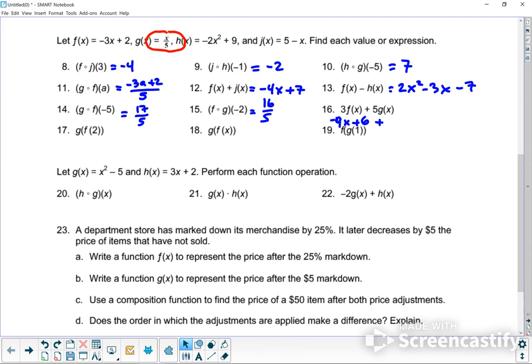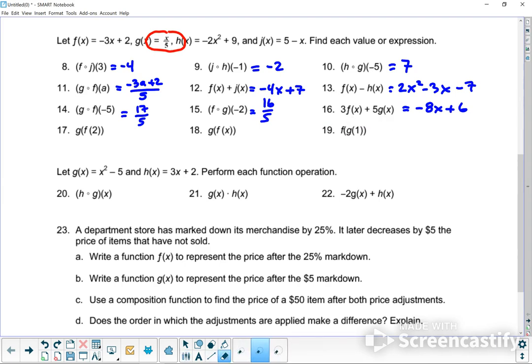So 5 times x over 5, which is really 5x over 5, and if these cancel, you're just going to get x. So it's really negative 9x plus 6 plus x, which together gives you negative 8x plus 6.